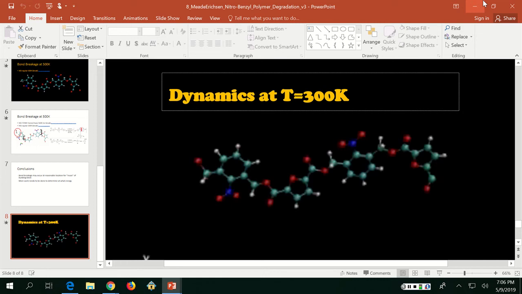Do you think populating the excited state or heating the molecule will result in physically meaningful results? Or are you just saying, I'm hitting it with a hammer and I just want to see it break? Because I'm still understanding what the computation is. My understanding is we're going to excite it and then run it.